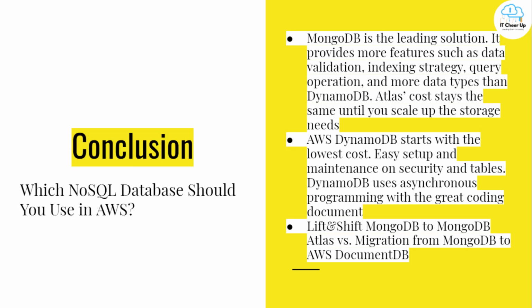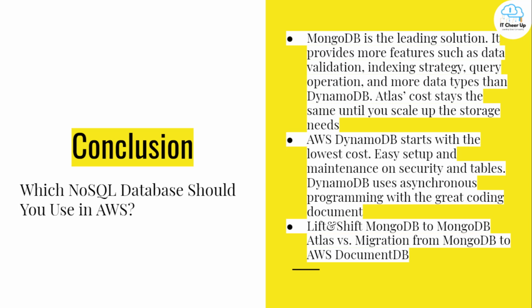In conclusion, MongoDB still is the leading NoSQL database solution in the market. MongoDB provides more features such as data validation, indexing strategy, query operations, and more data types than DynamoDB.